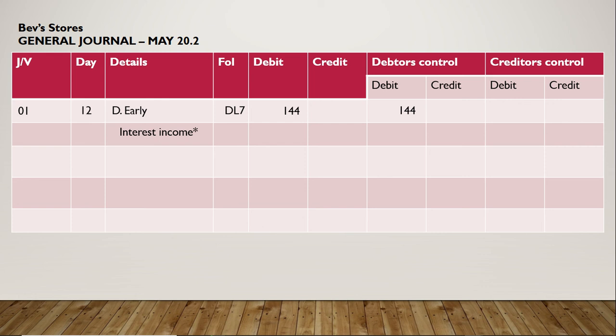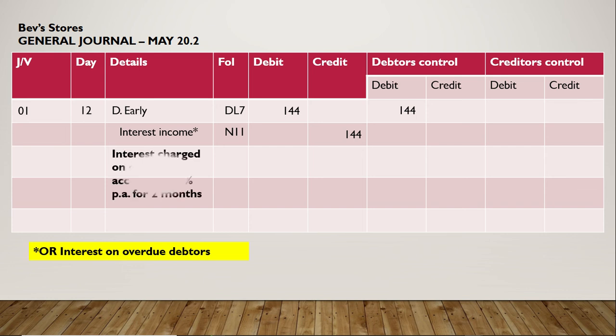So that interest is income, and just like any other income, it will increase on the credit side. However, this will not affect our debtors control. Please note that you can call it income, interest income, or you can simply call it interest on overdue debtors. And your narration is interest charged for 4 months.